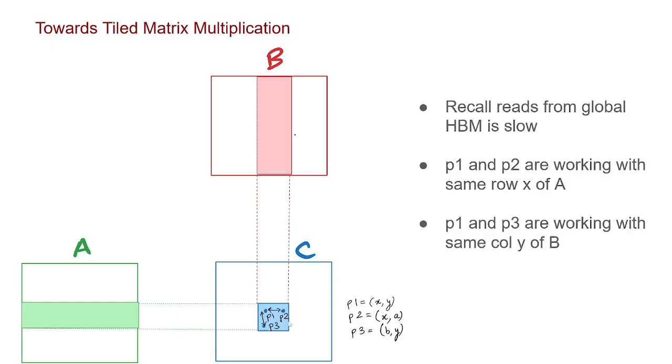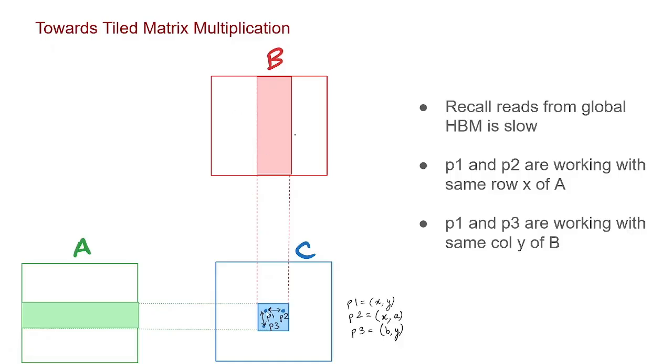Now, from the perspective of one block and the threads within that, let's see what's going on. Each thread is doing a dot product between a particular row of A and a particular column of B. And overall, the threads in this block are acting upon this shaded region of A and the shaded region of B.